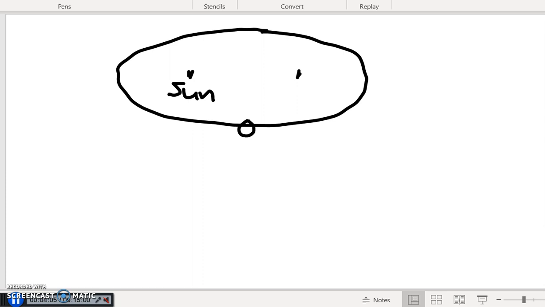And that begs the question, what's at the other focus? The answer is nothing. There doesn't have to be anything at the other focus. The answer is nothing, or empty space.